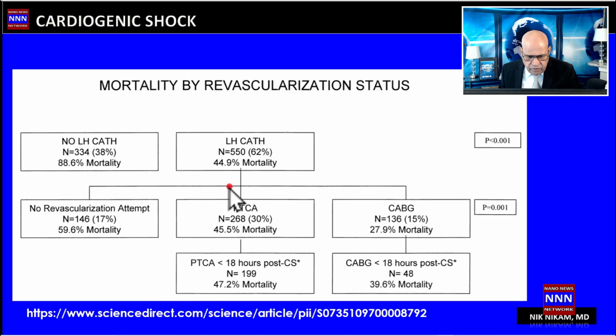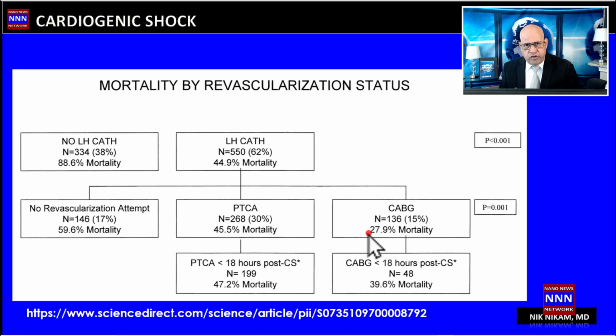If the patient undergoes percutaneous coronary intervention, the mortality drops to 45%. And if the coronary intervention is done in less than 18 hours of the onset of cardiogenic shock, the mortality is approximately 47.2%.